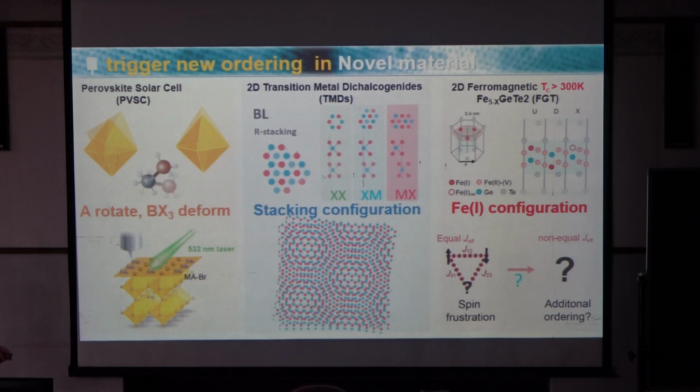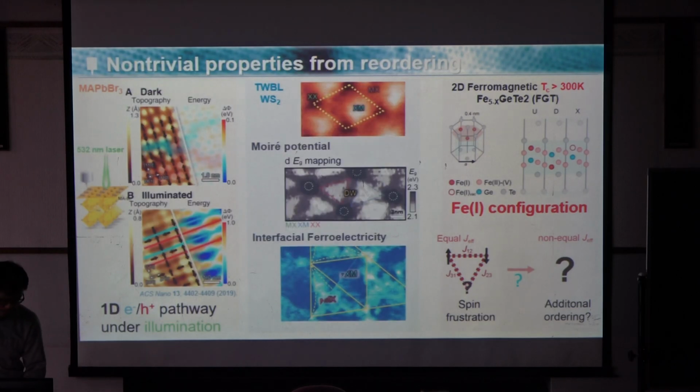This moire pattern has coexisting stacking configurations. And for 2D FGT, the Fe1 configuration can result in spin fluctuation, and this material also has charge ordering, so we expect it will have new ordering in this material.